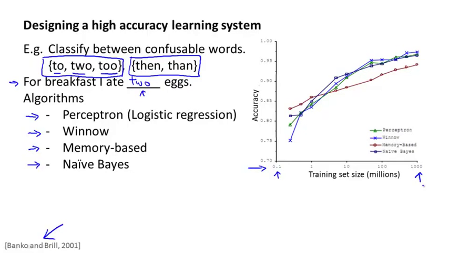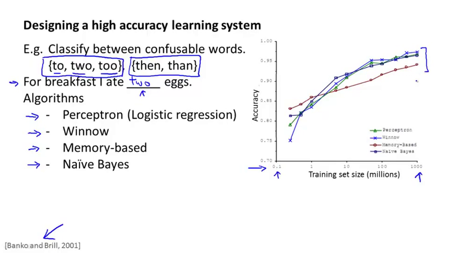So since this original study, which is very influential, there's been a range of many different studies showing similar results that show that many different learning algorithms can sometimes, depending on the details, give pretty similar ranges of performance. But what can really drive performance is if you can give the algorithm a ton of training data.